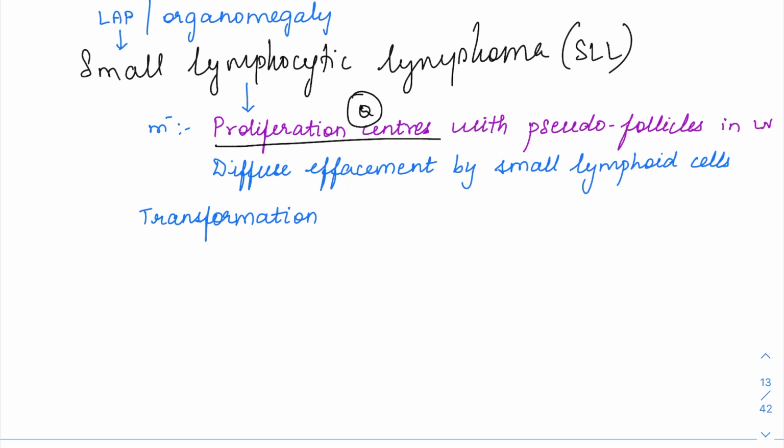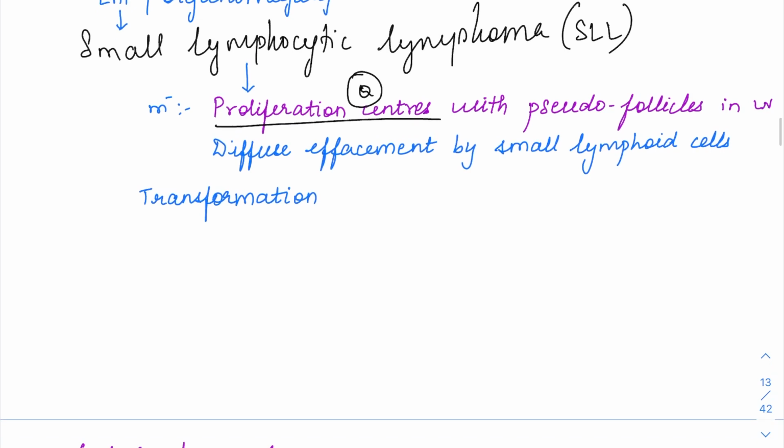So SLL, as the name suggests, is an example of small lymphoid lymphomas. Okay. Lymphomas can be divided based on size as small lymphoid cells, medium sized cells and large sized cells. For small lymphoid cells, the examples will be follicular lymphoma and this SLL. Here we are going to see diffuse effacement by small lymphoid cells. Apart from that, proliferation centers are characteristic for SLL.